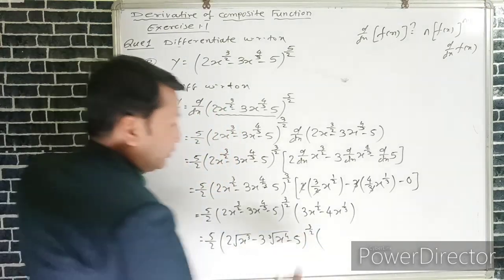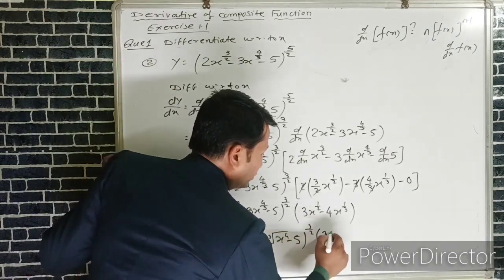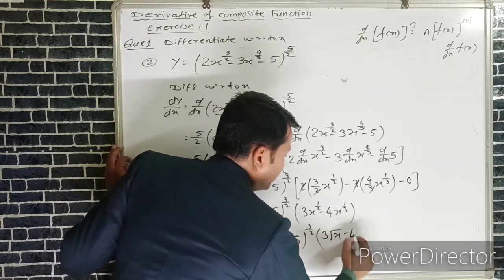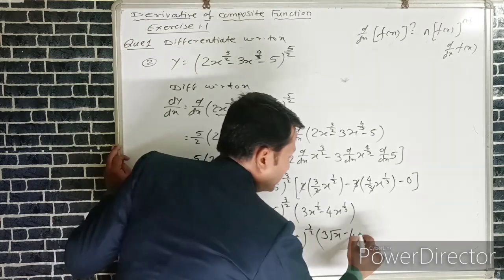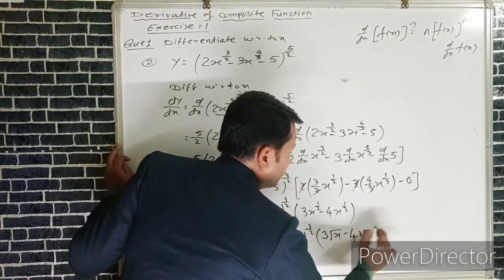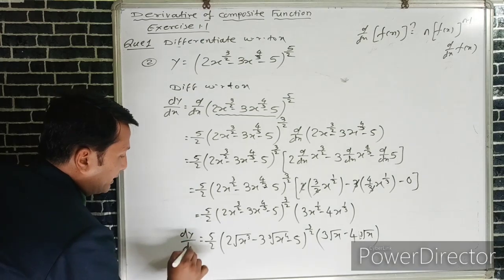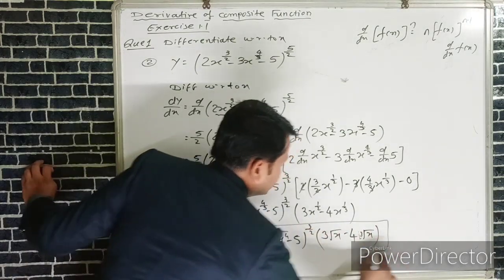Again, we can write x raised to the power 1 by 2 means under root x, minus 4 into x raised to the power 1 by 3 means cube root x, which is the required derivative of y, dy upon dx.